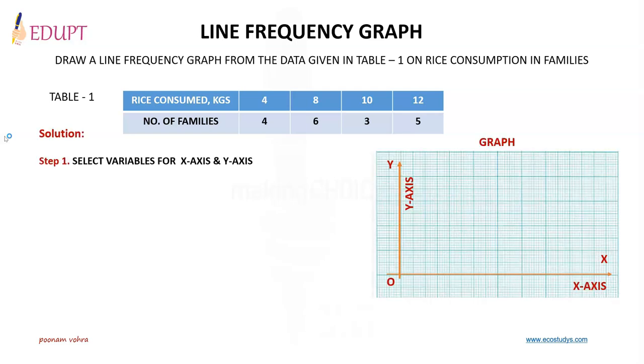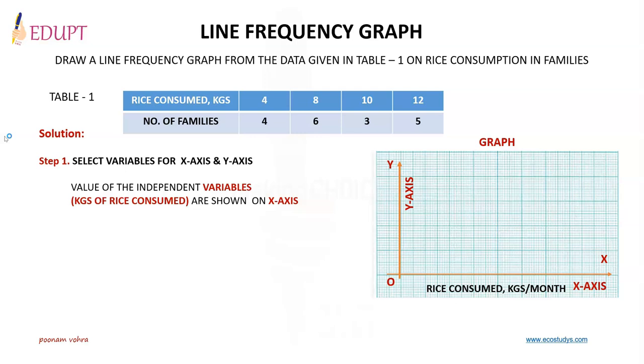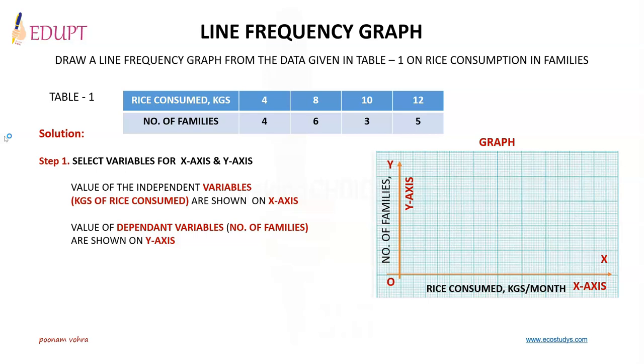So the first step is that you need to select variables for x and y axis. The value of the independent variable, which is rice consumed, will be shown on x-axis, and the value of the dependent variable, that is the number of families, is shown on y-axis.